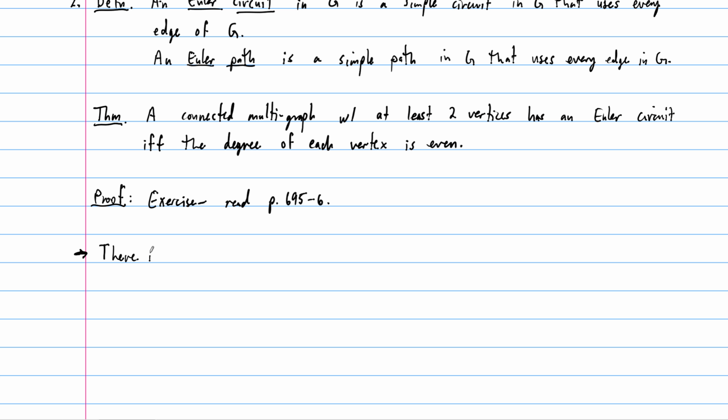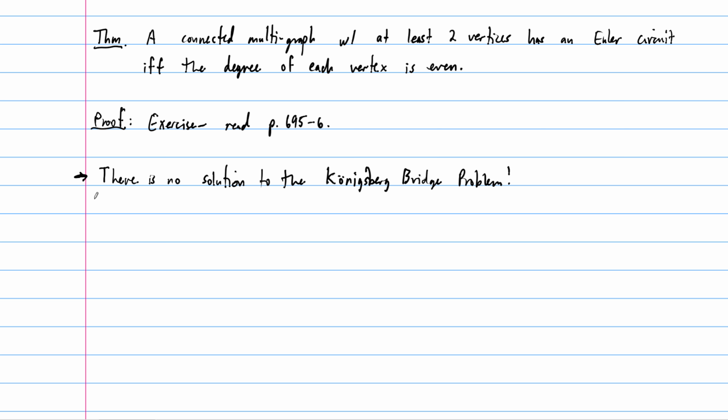So there is no solution to the Königsberg bridge problem. And that's what Euler found, again, back in 1736.